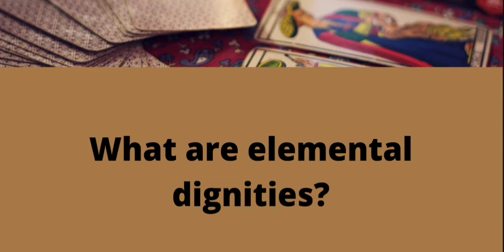So if you have a planet in a water sign and you have another planet in an air sign, maybe these two planets don't work very well together, and these energies within your personality kind of conflict and cause strife, that kind of thing. So that's another way that you see elemental dignities, in the essence of how well energies mix and blend together.